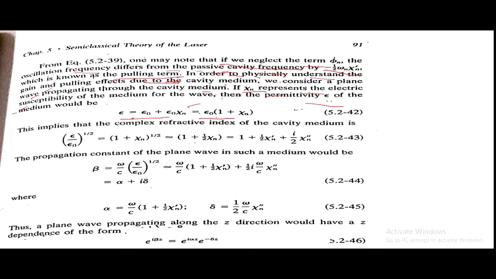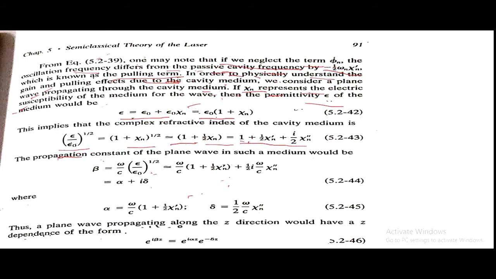This shows that the complex refractive index of the cavity medium is epsilon by epsilon 0 raised to 1 by 2 equals 1 plus chi n raised to 1 by 2, which is nearly equal to 1 plus 1 by 2 chi n, or which can be written as 1 plus 1 by 2 chi n dash plus 1 by 2 i chi n double dash.